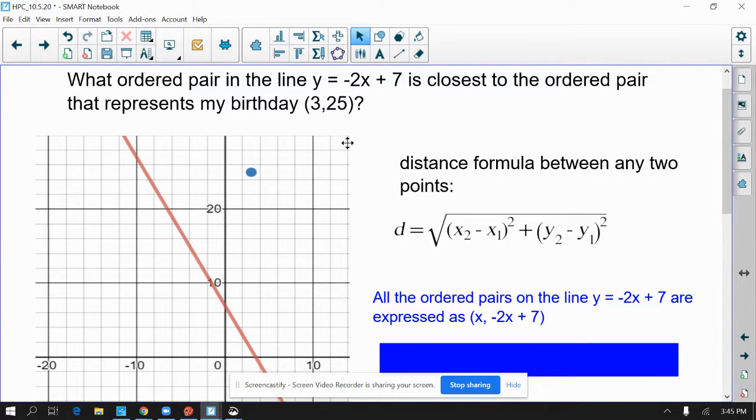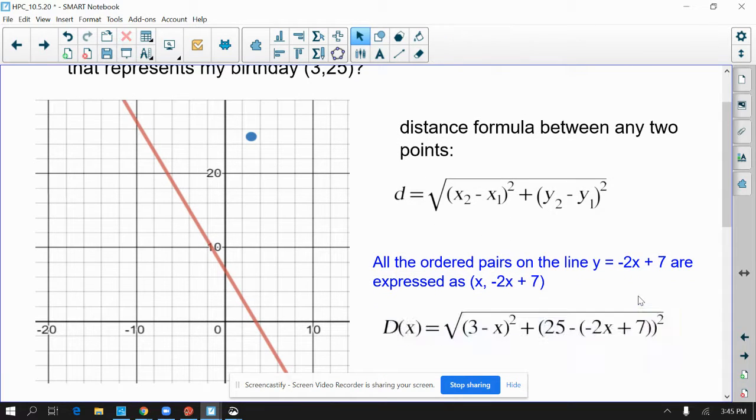So now what do you have? You've got two points: (3, 25), and this point, (x, negative 2x plus 7). You plug them into here. You see where the 3 went into x2, and the 25 went into y2, and the x went into x1, and the negative 2x plus 7 went into y1. Be very careful here, guys. You are subtracting two terms, so you must include parentheses because you need to subtract both of them.